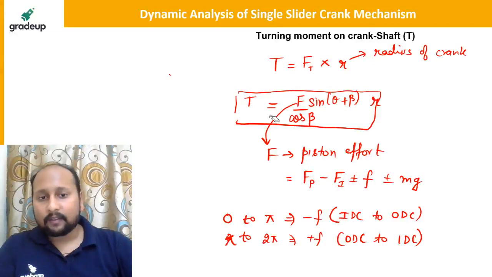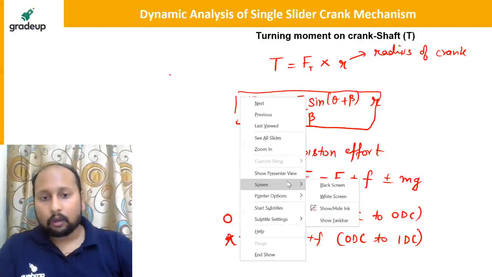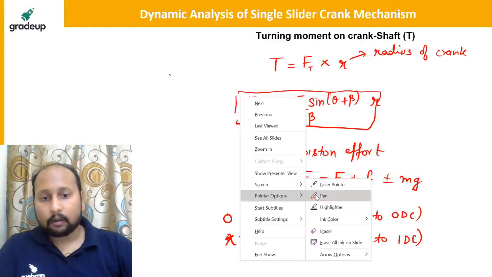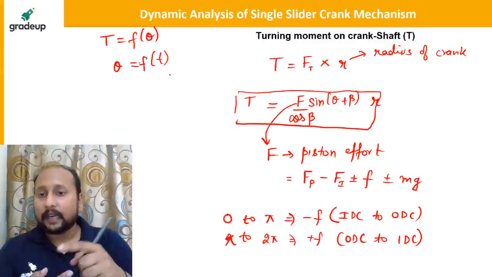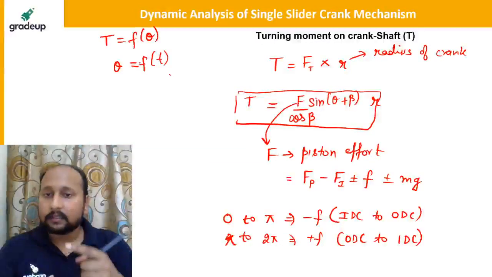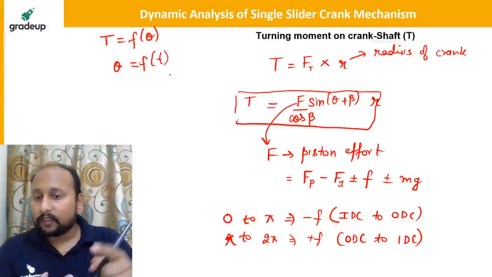You can see from this equation that your torque or turning moment depends on theta, so I can write the turning moment or torque as a function of theta. And you know that theta is a function of time, because at every instant your theta is changing.